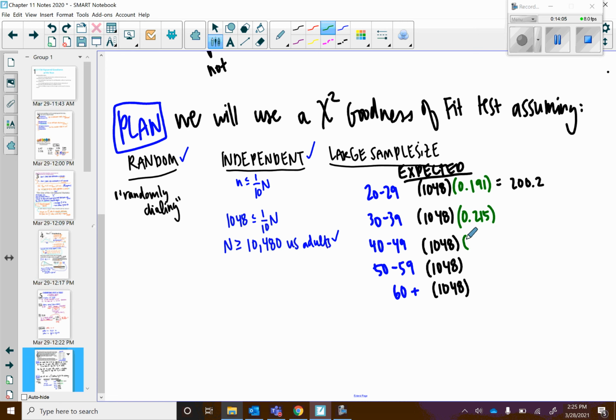There was 21.1% in their 40s, so 0.211. There's 15.5% in their 50s, 0.155, and 22.8% 60 or above. So take some time to calculate these. If you want to pause the video, by all means do so.